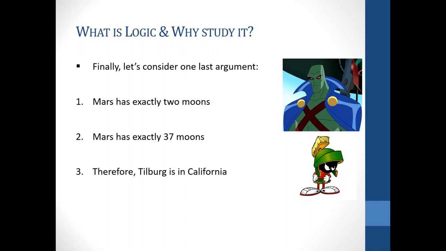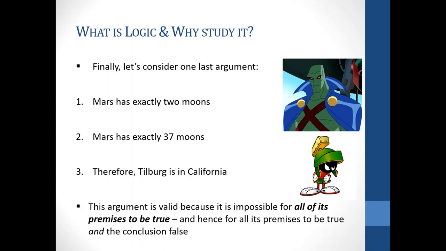1 and 2 are what we'll call contradictory. If 1's true, 2's false. If 2's true, 1's false. So this argument is valid. And it is valid because it is impossible to make all the premises true and the conclusion false.